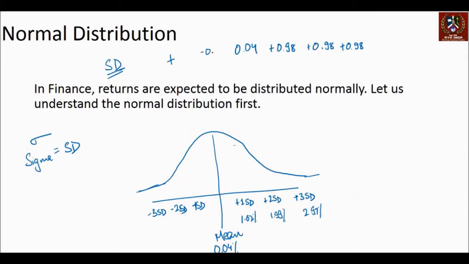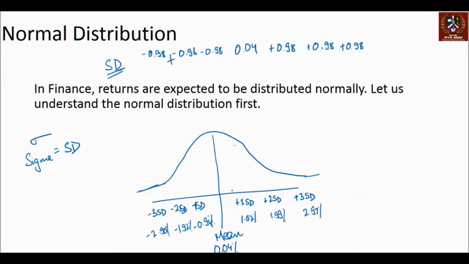On this side we do minus 0.98 minus 0.98 minus 0.98%, right? So on this side this will become minus 0.94%, then again minus 1.92% approximately, and then again minus 2.90% approximately. You just keep moving on the left as well, correct? I've just put in numbers.